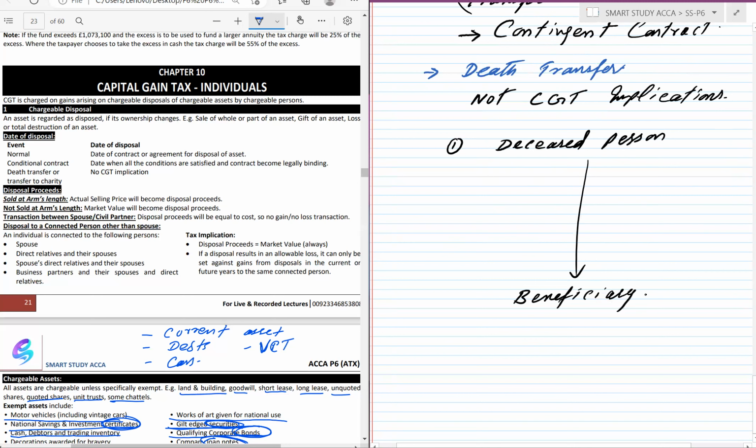Okay, so deceased person and beneficiary. At the death of this deceased person, suppose land building having market value of 800,000 pounds is transferred to this beneficiary.